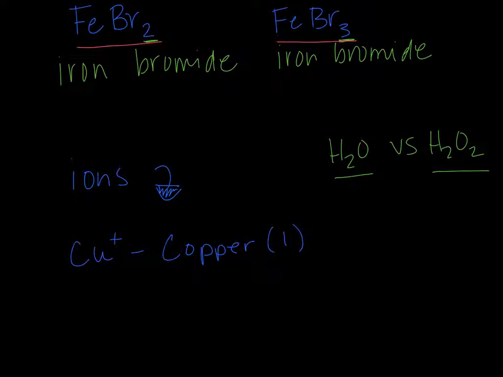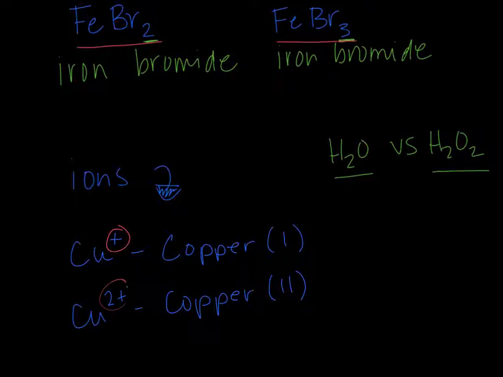We use Roman numerals for that. And then we have copper 2. And remember, metals are always going to get a positive oxidation number, or a positive charge, because they are not electronegative enough to take a negative charge. Okay, so these charges are also called oxidation numbers.